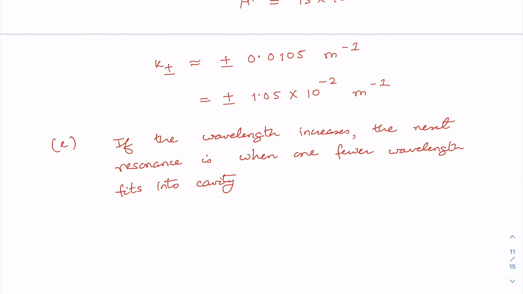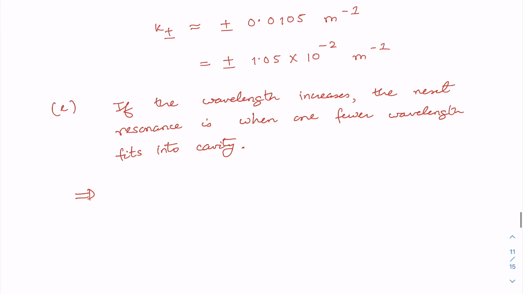So what does it mean? This implies that the resonance condition, we know that twice the length of the cavity is m times an integral multiple of the wavelength, and when you go to the next one, you will have lambda m minus 1, and here you will have m minus 1.